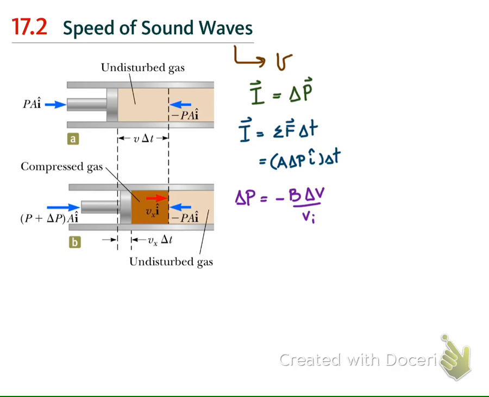The change of the volume of the element is equal to the displacement of the piston here, times the cross-sectional area of the piston, right?